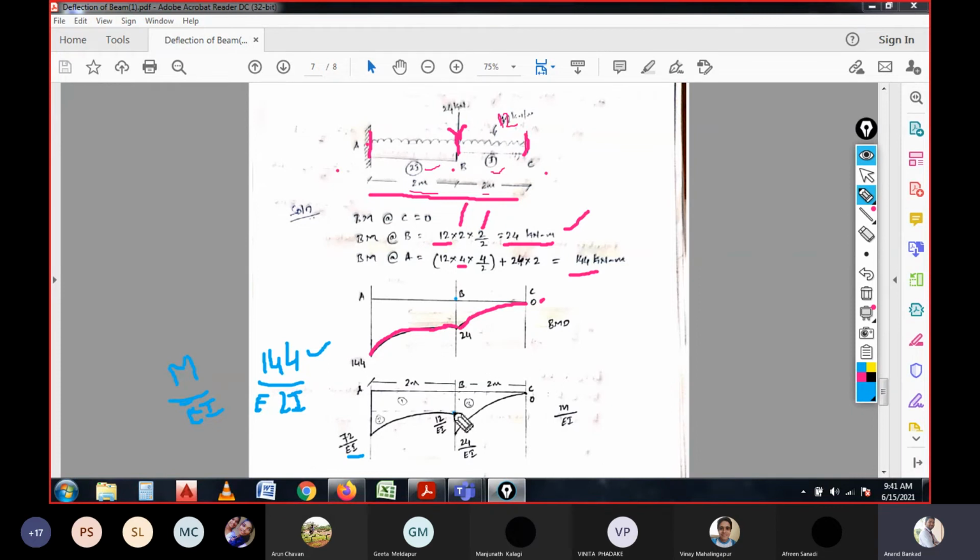For 2I it will be 24 by 2, which is 12 by EI, and for 1I it is again 24 by EI, right? At C it is 0 because we don't have any bending moment value at C. I hope it is clear what M by EI diagram we have drawn.